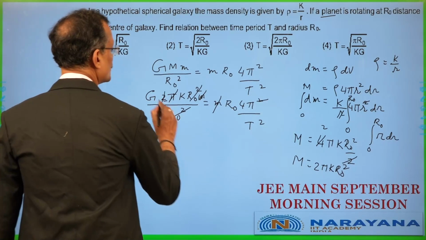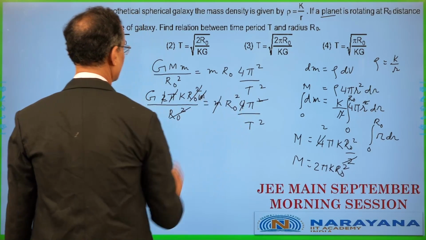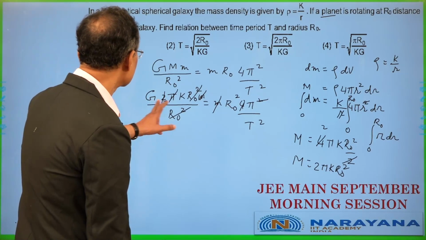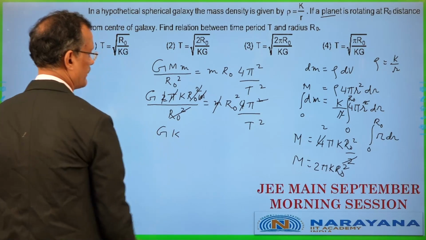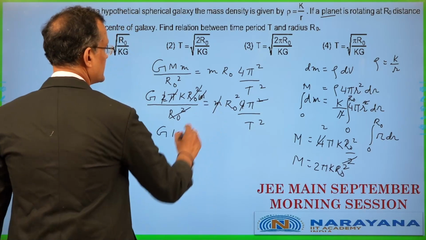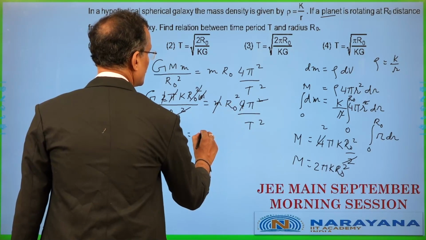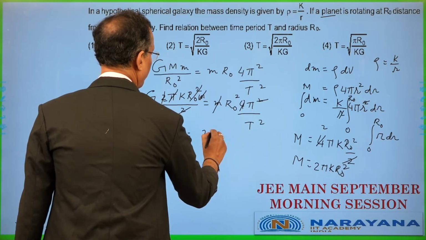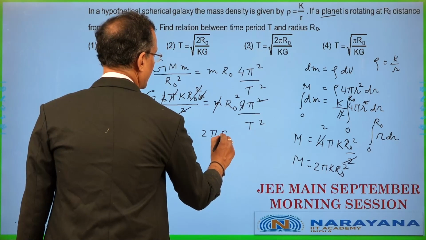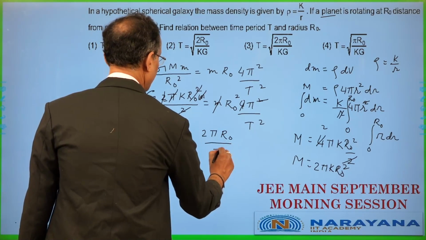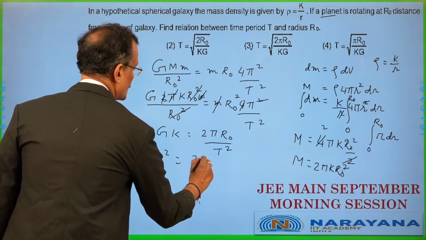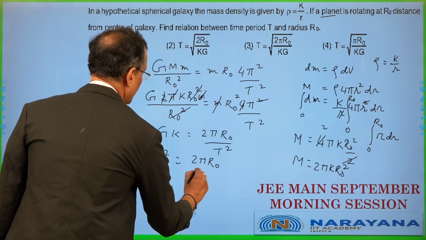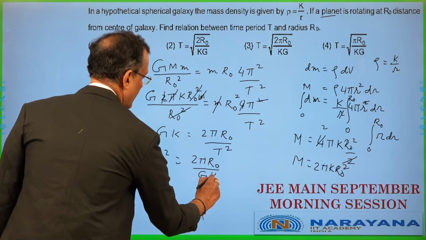Now this 2 will become 2. What is left this side? The left quantity is GK, and this side the left quantity is 2 pi R naught by T squared. So my T squared equals 2 pi R naught by GK.